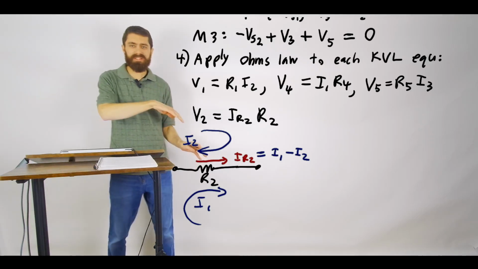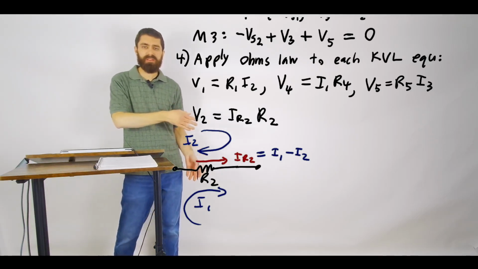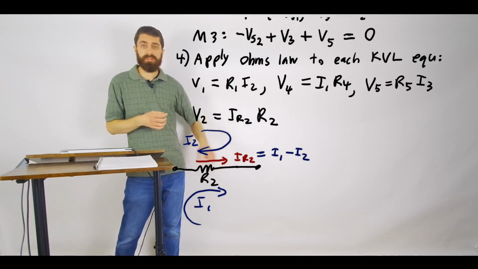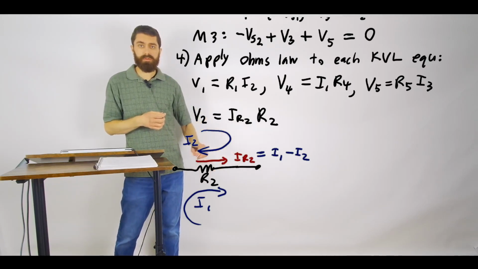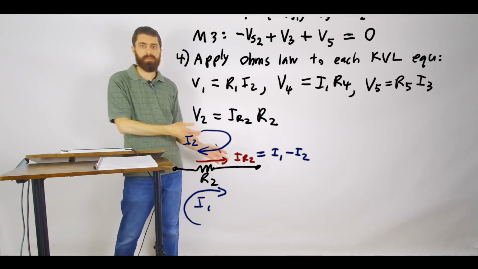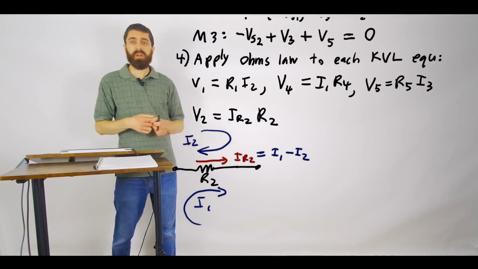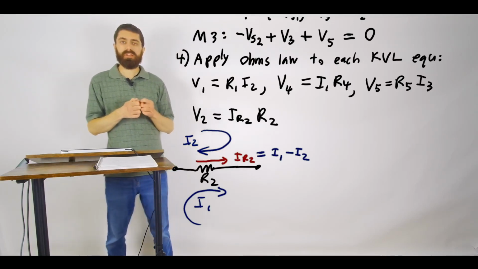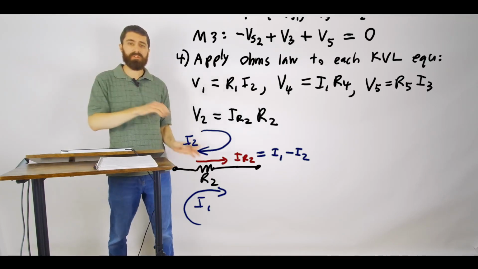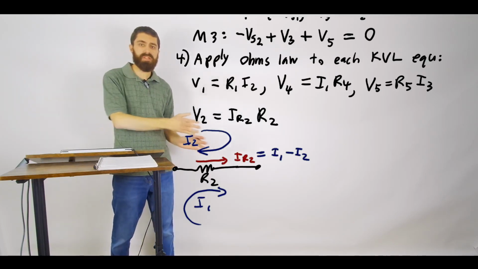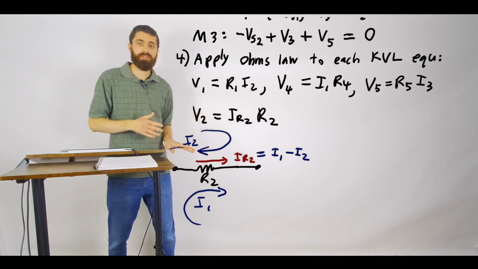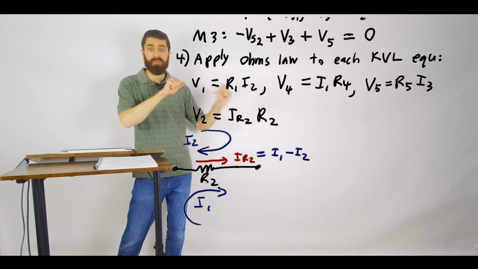So basically, you express this current here. Even though physically it's not true that you have two currents simultaneously flowing through the resistor, mesh analysis is essentially a mathematical tool, and you can almost think of it as the two currents fighting against each other, and the actual current that's flowing through it is the difference between the two.